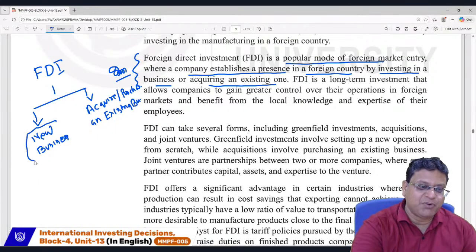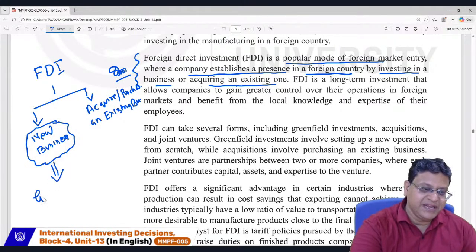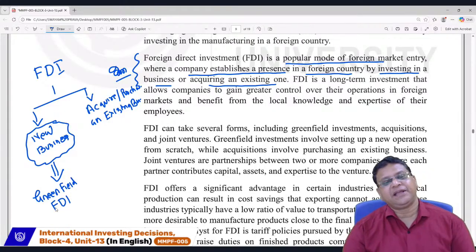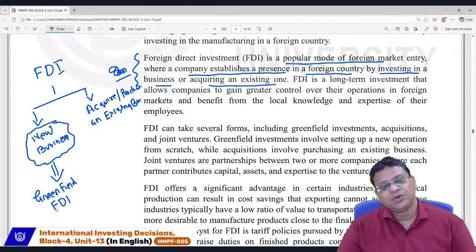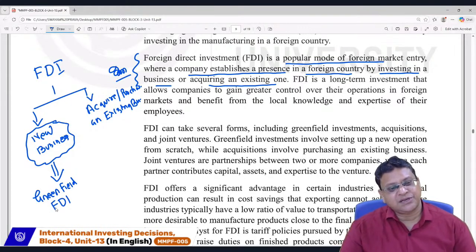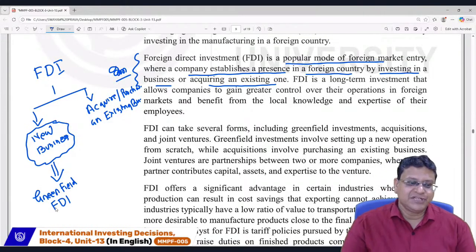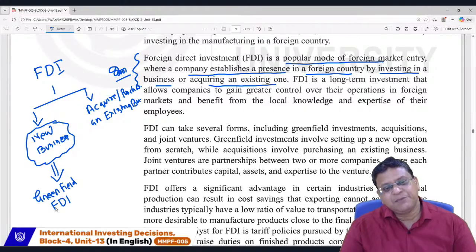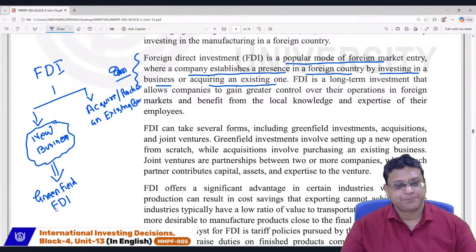If the FDI is in the form of a new business, that is known as greenfield FDI. What is greenfield FDI? Let's take an example. POSCO wants to set up a steel plant in Odisha. There is no existing steel plant in Odisha at Paradip. POSCO wants to set up a steel plant in Odisha. That is a greenfield FDI.